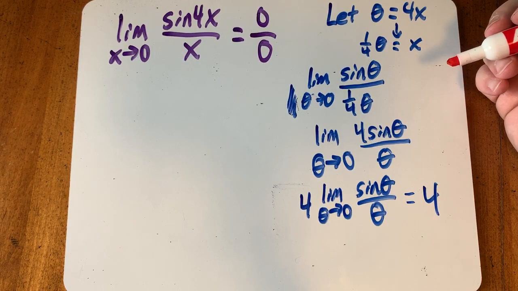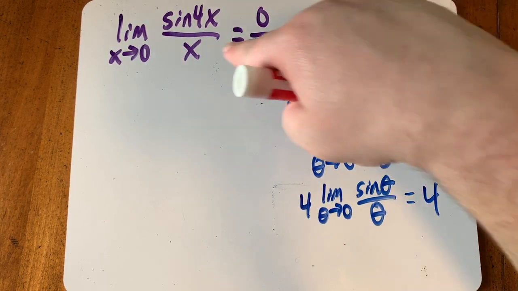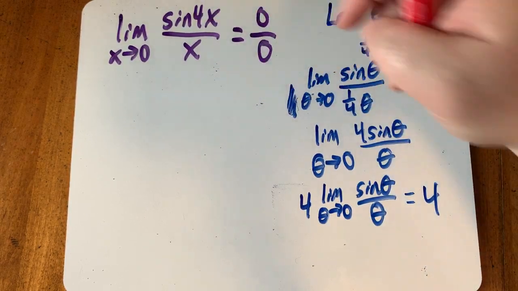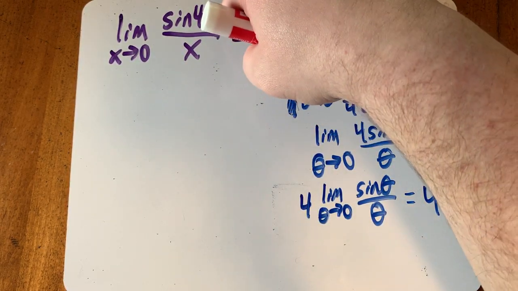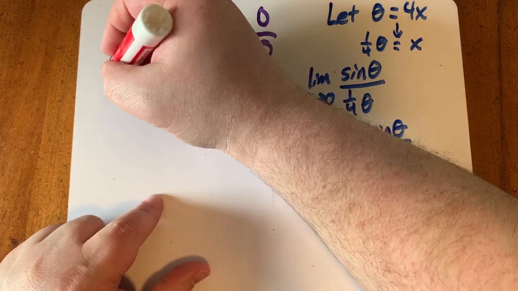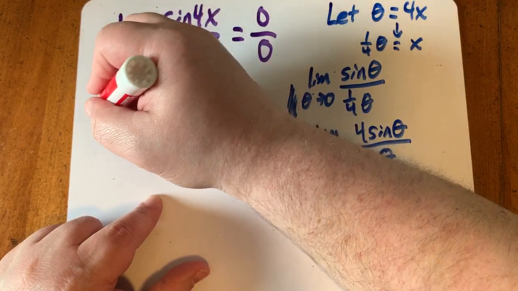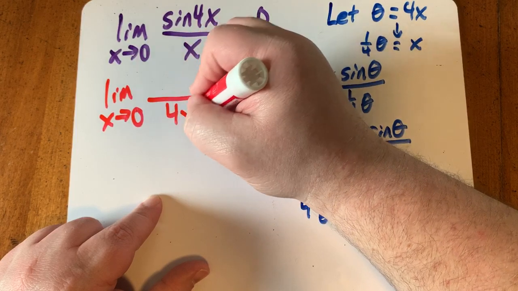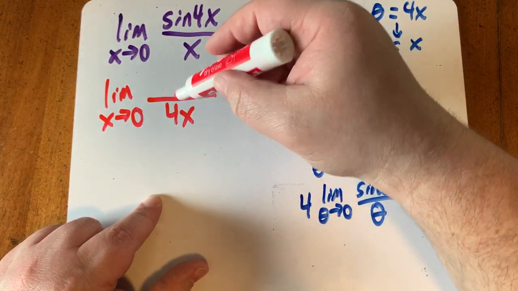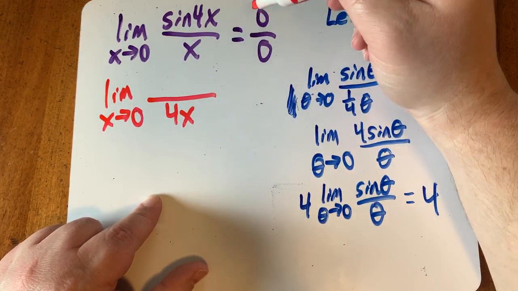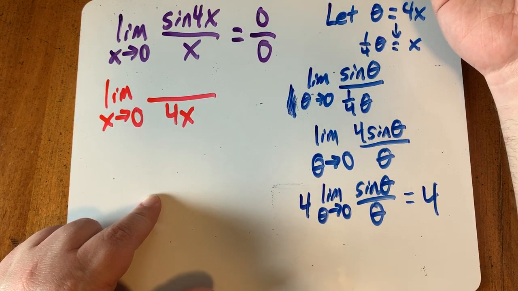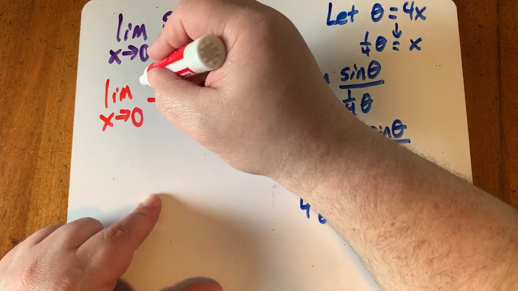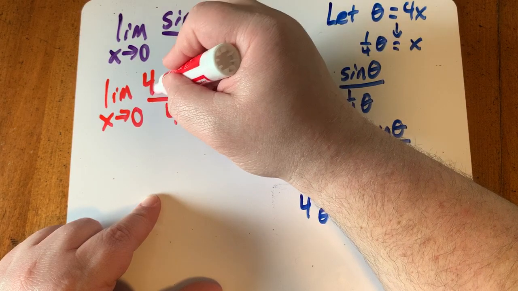If you want the easier way to look at it, you just need to think about how you can make that denominator look like the argument of the sine. And to do that, you just need to multiply it by 4. So you multiply the denominator of this fraction by 4, but you can't just multiply the denominator of a fraction. You need to multiply also the numerator of the fraction.